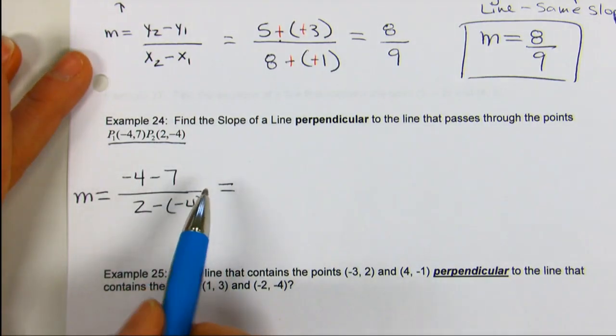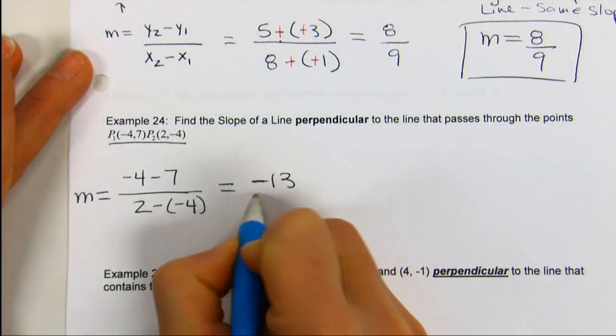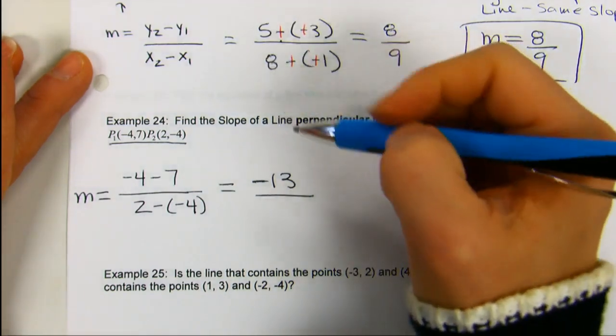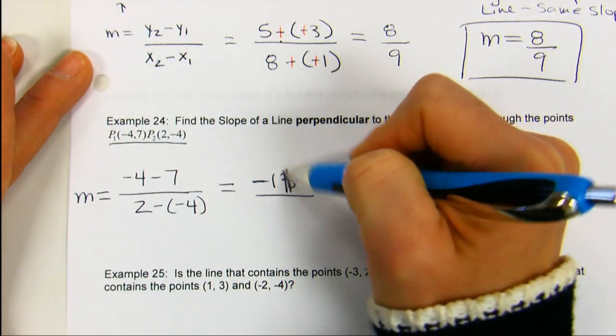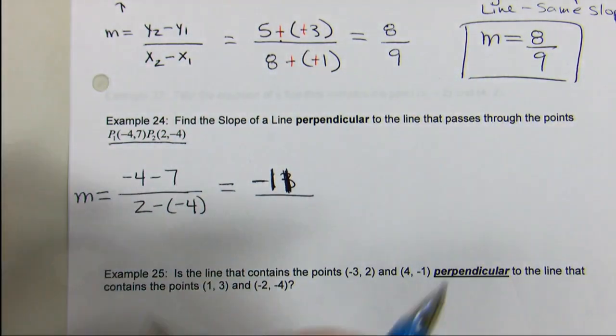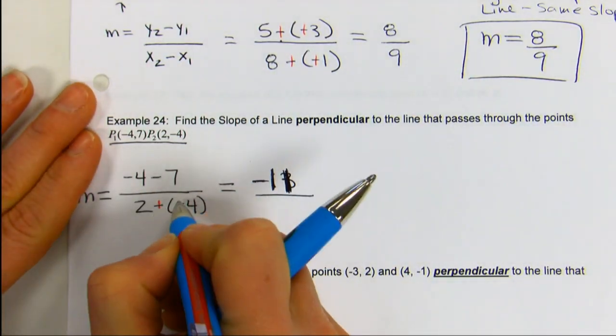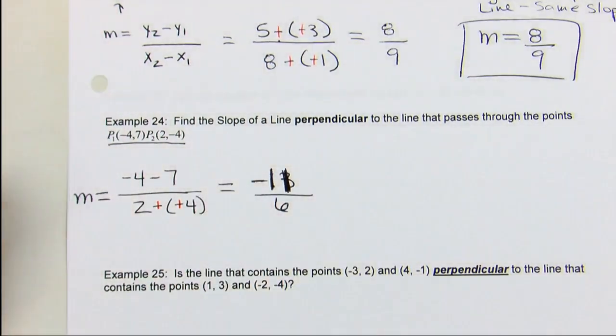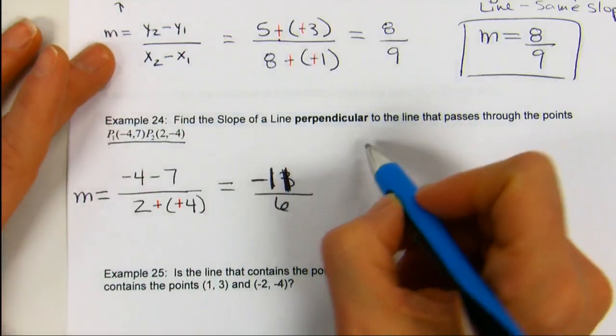These are same signs, so we really add and we get negative 13. Actually, I added wrong. It's 11, I apologize. And this is a double negative, so we need to make it positive, and 6. I can't reduce that.